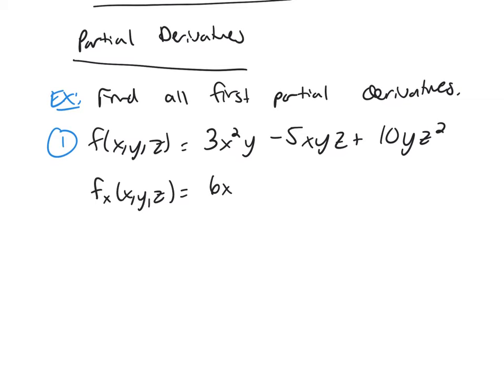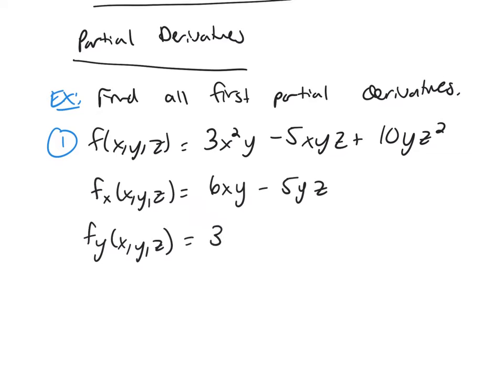Remember that your only variable is x right now. So 6xy minus 5yz. And then there's no x in that second term, so it's a constant. Its derivative is 0.